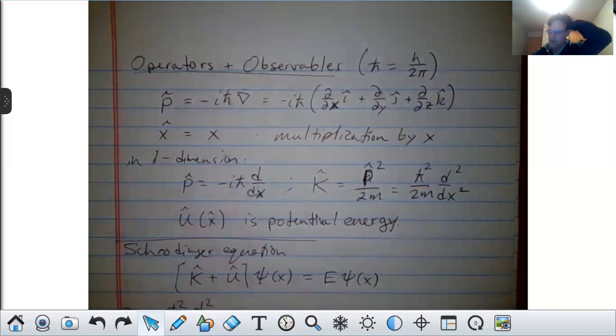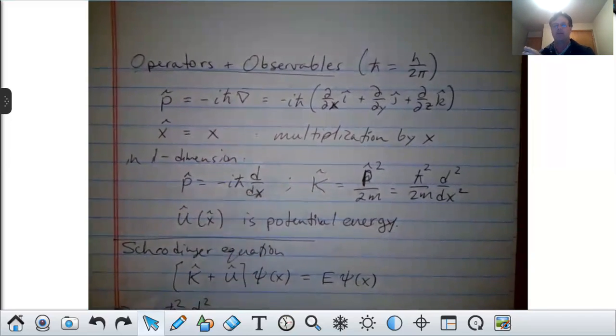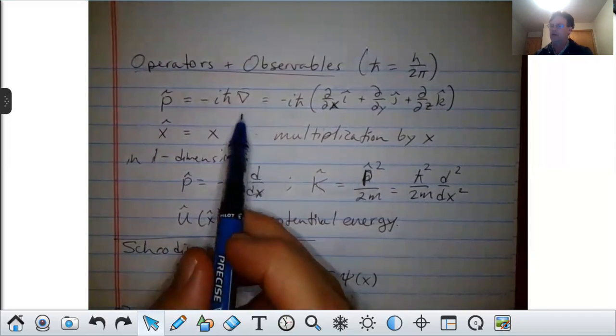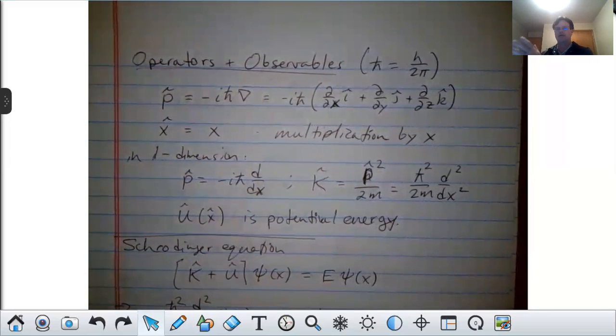I know we can talk more about operators later, but we can, from our momentum operator now, also define, and so I guess first I should say, by operator, I mean it operates on a function, right? So if you're in 1 dimension, your momentum will take a derivative of whatever function it's operating on.